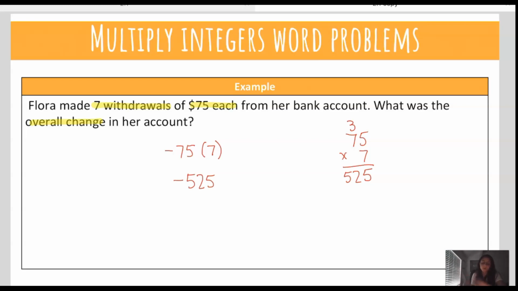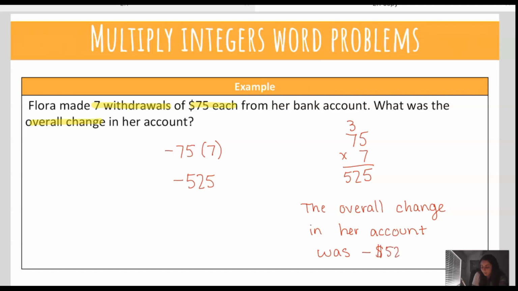So we withdrew or took out $525. The overall change in her account was negative $525.